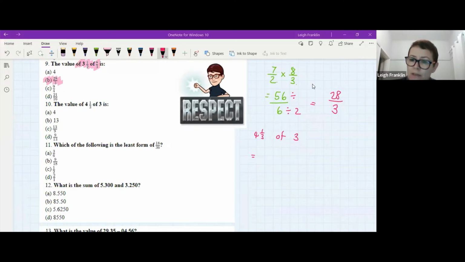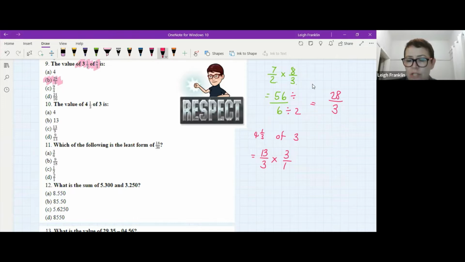So remember, you've got to take the denominator, multiply it by the number in front, and add the numerator. So it's 3 times 4 plus 1. So 3 times 4 is 12, plus 1 is 13, and then we've got to write it over the denominator.